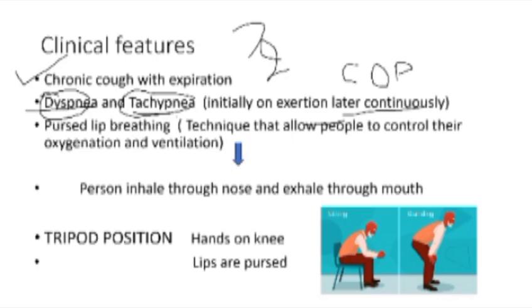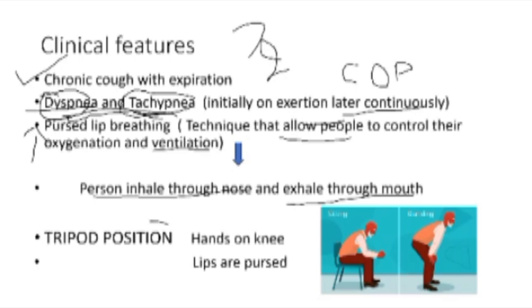This is the technique where, when the person is not able to breathe easily, the person will inhale through the nose and exhale through the mouth. This technique will allow people to control their oxygenation and ventilation.